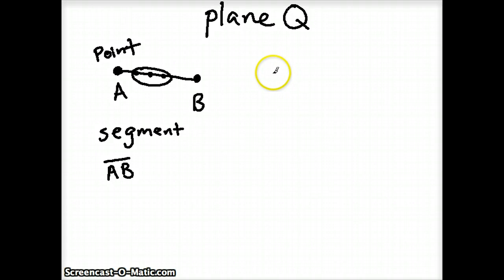Let's draw another point here. I'm going to say C and point D. Let's say I connect those 2 points, but rather than stopping at D, I keep going.